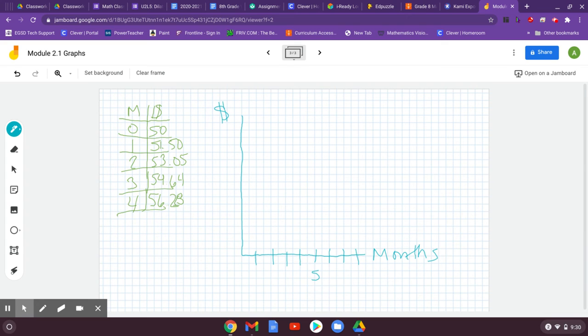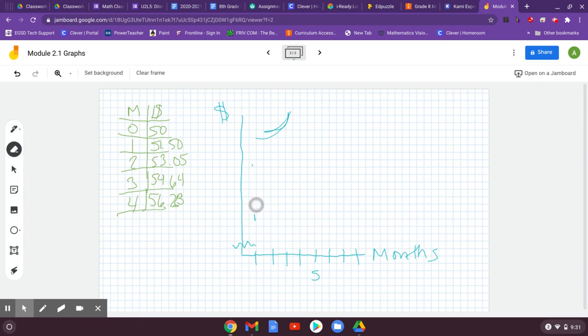Now here I'm going from 50 to 56. So I actually want to count by ones, and I'm going to do a little zigzag there. That shows that I'm not going to do everything from 0 to 50 because it's just going to put my graph way up at the top here, and I don't need to waste all this space down below.